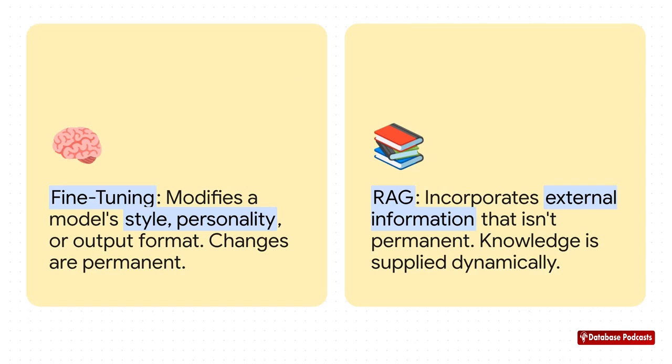Look, fine-tuning is all about changing a model's behavior. You use it when you want to change its style, its tone, or the format of its answers. The analogy here is perfect. You're teaching a general expert a new specialty. That knowledge becomes part of them. It's baked in. RAG, on the other hand, is for giving the model new knowledge, especially information that changes a lot. It's like giving that expert a library they can check for the latest facts. You're not changing the expert, you're just giving them better resources.